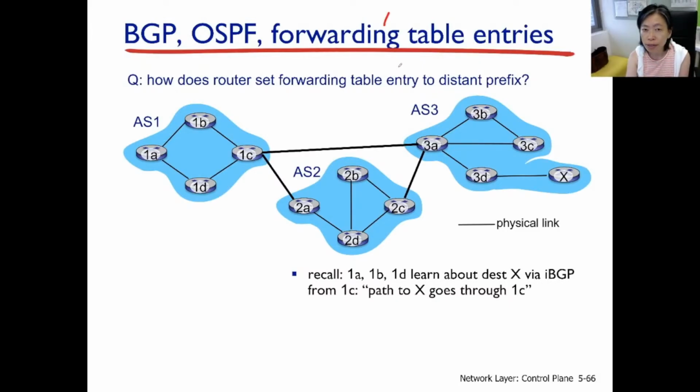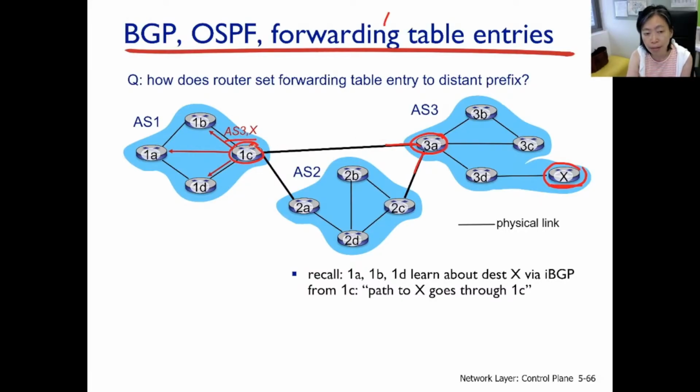How a router sets up a forwarding table entry for a destination outside of the AS. Yeah, the scenario is the same, the destination being X. 3A, the gateway router of AS3, has 2 eBGP connections, therefore 1C here potentially can receive 2 AS paths. And 1C, according to example 2, chooses the shorter AS path. So let me run the animation. 1C discovers 2 paths and picks the shorter path.